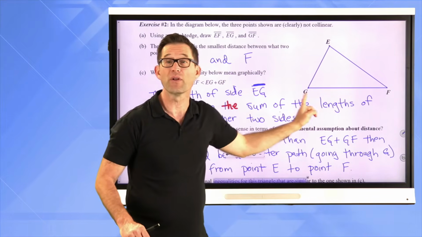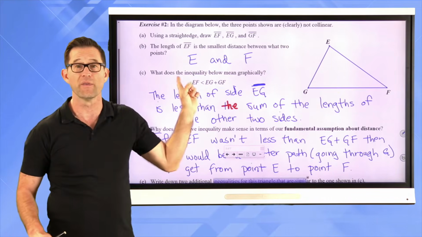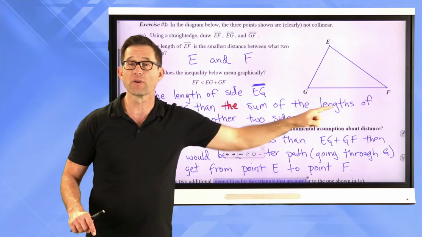If EG plus GF was smaller than EF as opposed to larger than it, which is what this says, then that would be the shortest path.